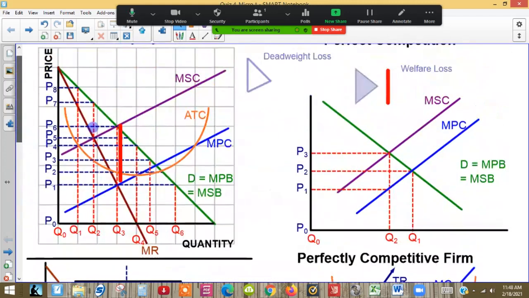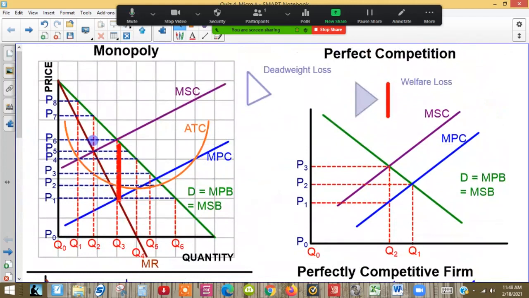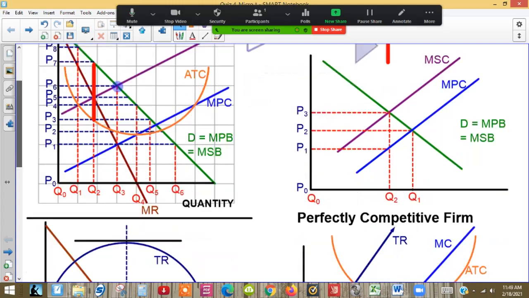So you know the dollar amount of the tax, and you know the dollar amount of the portion that the consumer has to pay. So you simply subtract the portion that the consumer is paying from the total dollar amount of the tax, and you'll get the portion that the producer has to pay.